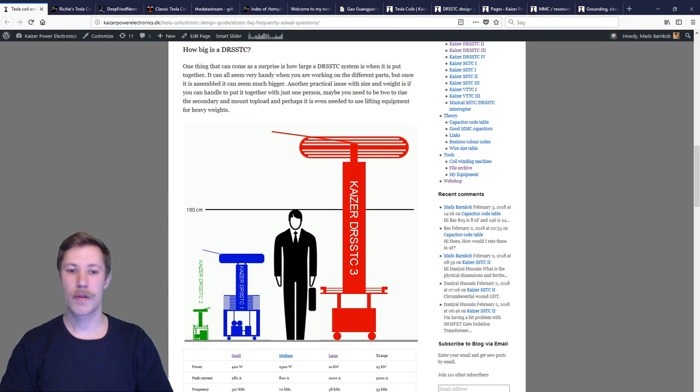But if you want the 4 meter lightning generating machines, like the red one, the DRSSTC3, you suddenly face whole other problems. The individual parts become incredibly heavy, and the complete coil assembly weighs around 120 kilograms. That is a major problem, because I am on the verge of not being able to set up this coil alone when the secondary coil itself weighs around 40 kilograms.